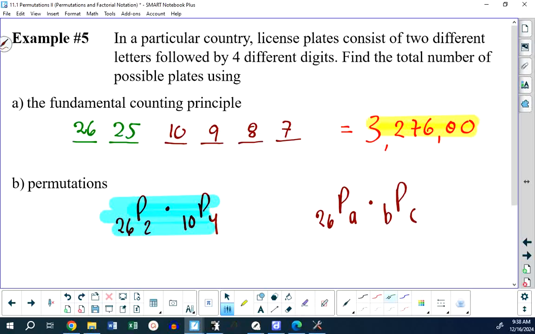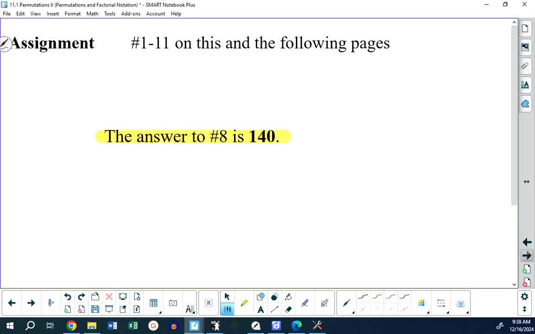So it isn't necessarily important that you know the numerical answer, but you know how to do the math. So you can see a number of questions. There are some questions dealing with factorial notation to open up the assignment, and then it turns into practice with permutations. The answer to number 8 should be 140, not 120.